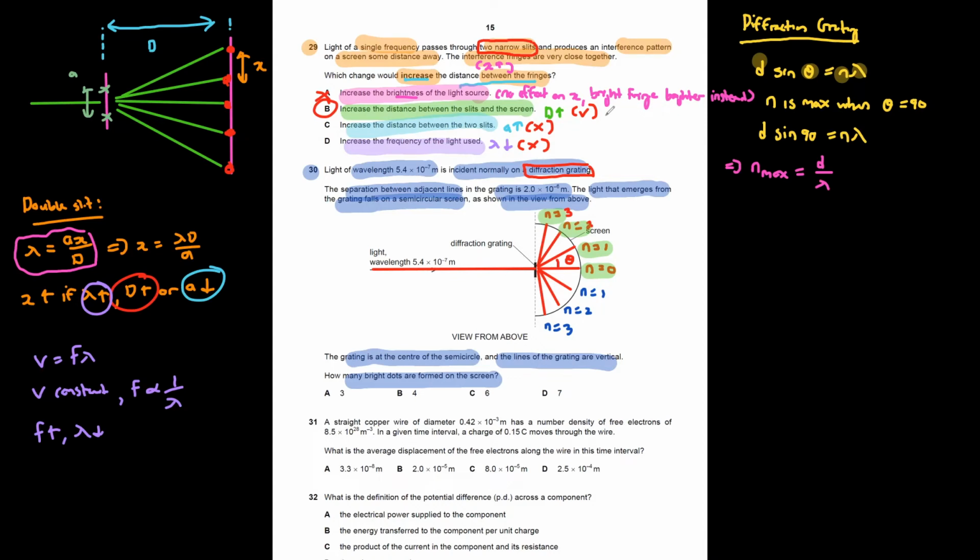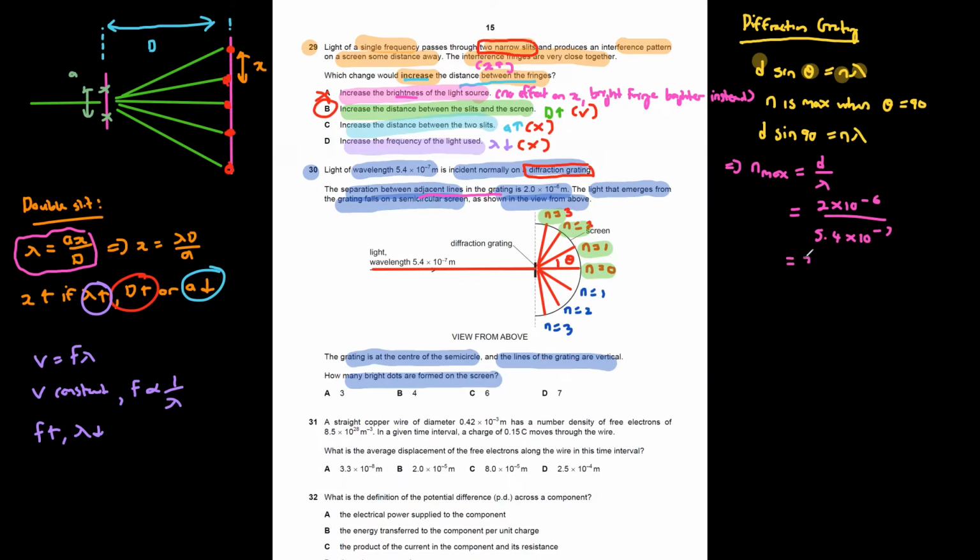So to find your n max from the question, d is the distance between adjacent lines in the grating, that is 2 times 10 power minus 6, divided by your wavelength of 5.4 times 10 power minus 7. What will you get? 2 times 10 power minus 6 divided by 5.4 times 10 power minus 7.